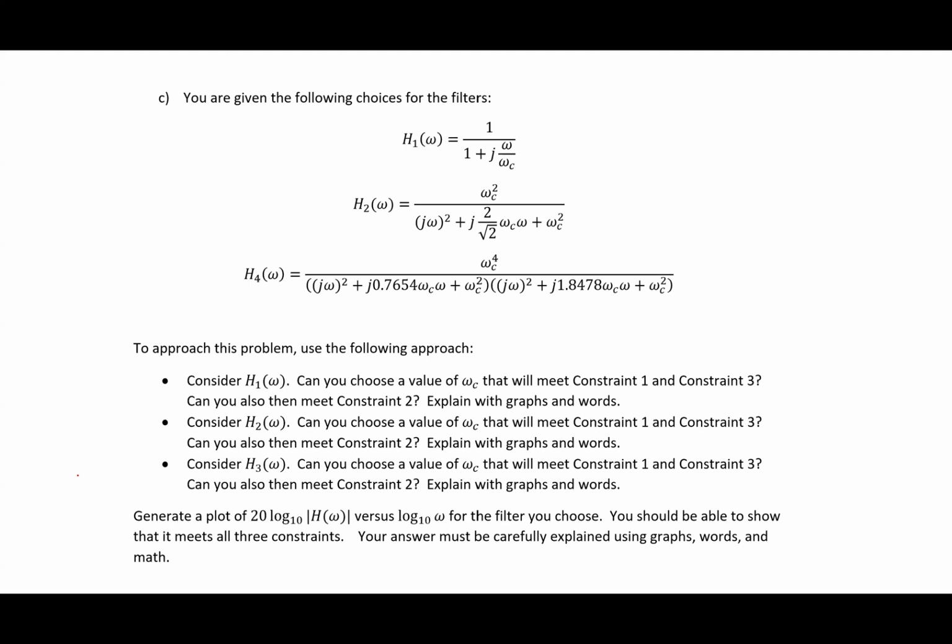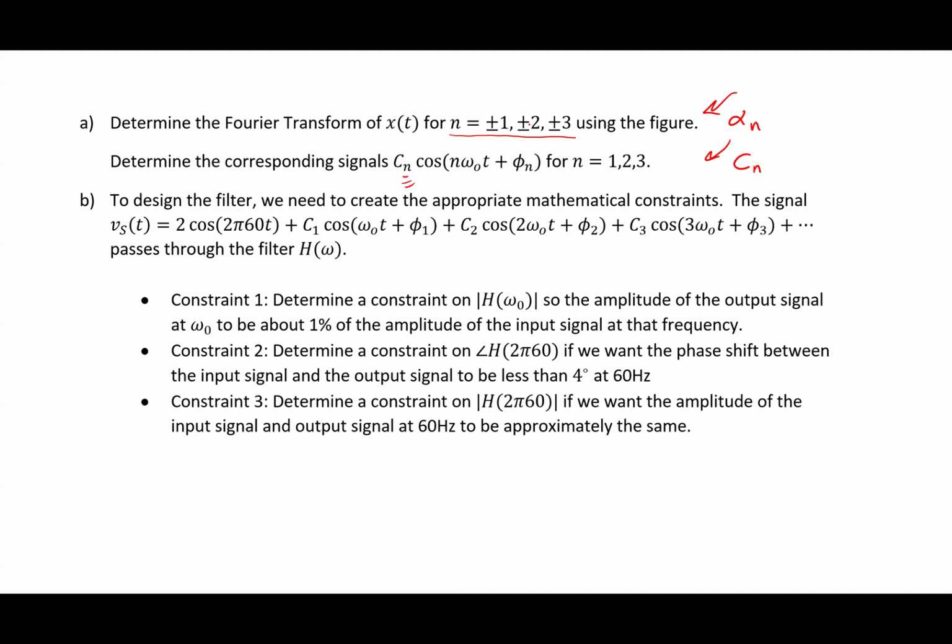So I'm asking you to do 2 things. I'm asking you to choose the filter and then to choose this value of omega C. And essentially the way I do this is I look at this and I say, all right, what are the constraints, right? And how do I then test those constraints, all right, using those options for the filters, right?